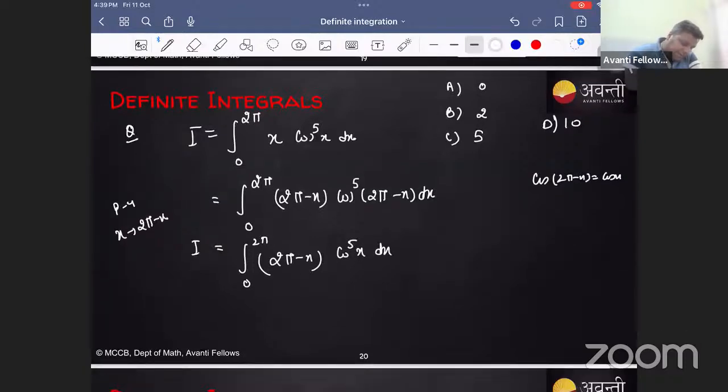Now if you add these two, so 1 plus 2, 2i will be what? Integration 0 to 2 pi of 2 pi cos to the power 5x dx. Correct?